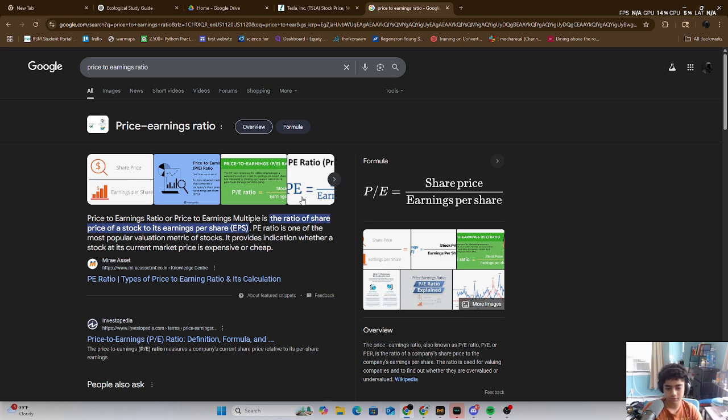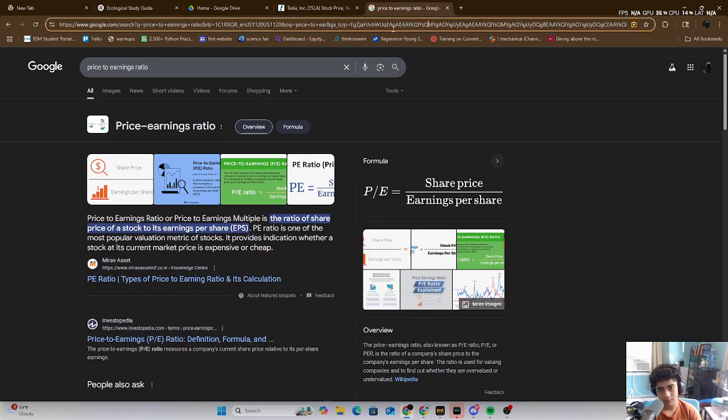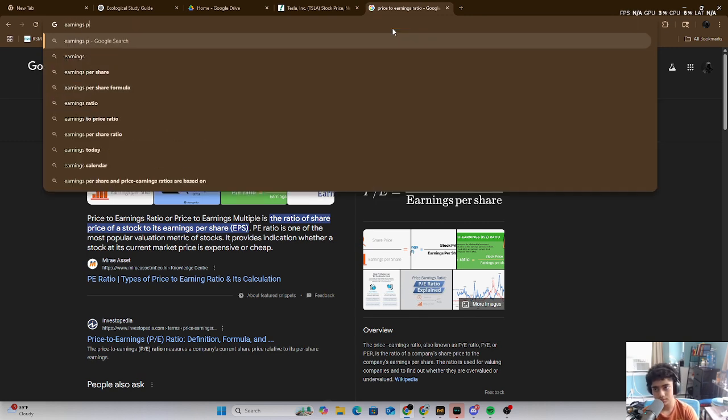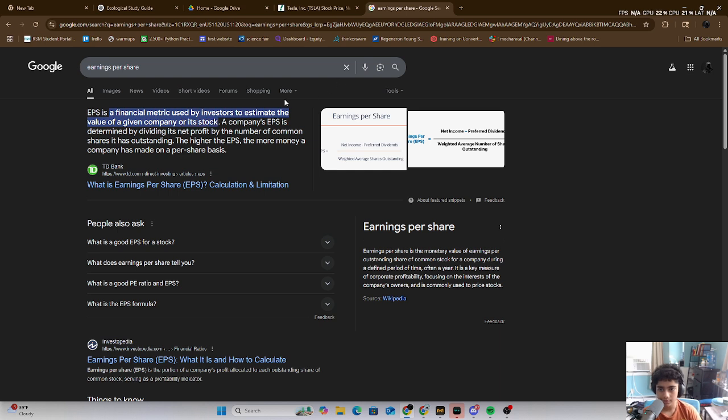And if you want to see PE ratio, then you want to do P divided by E, price divided by earnings per share. Now, if we look at earnings per share, it's used to estimate the value, and it's pretty important because a high earnings per share is really good, and the lower it is, the worse it is.